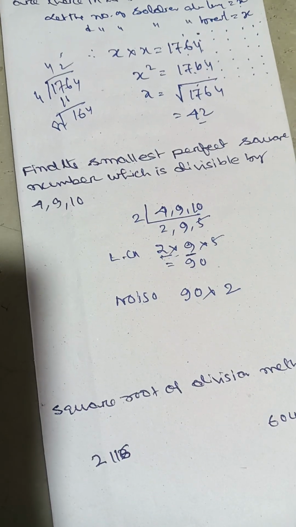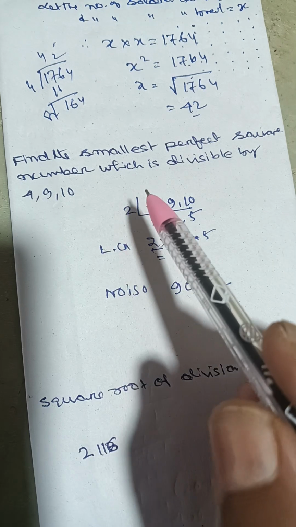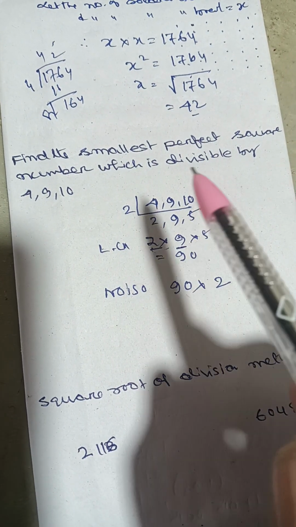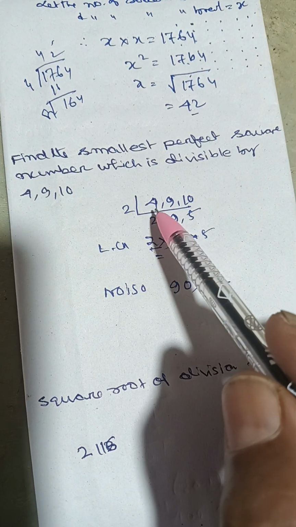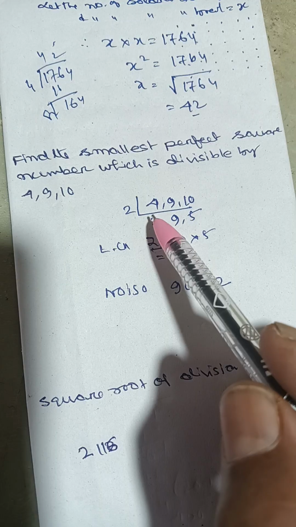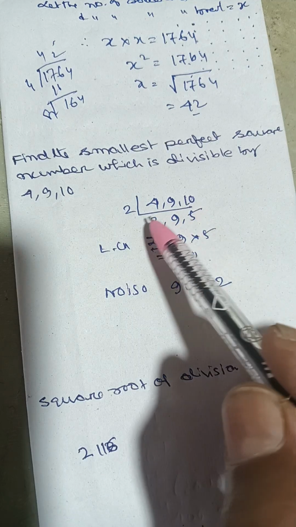We have to find the smallest perfect square number which is divisible by 4, 9 and 10. You remember, the number which you are going to find must be a perfect square number, and that number should be divisible by 4, 9 and 10. In this type of maths, first you find the LCM of the given numbers 4, 9 and 10.